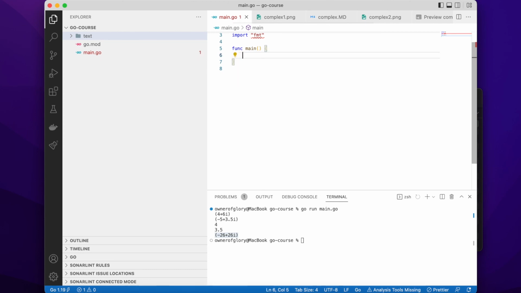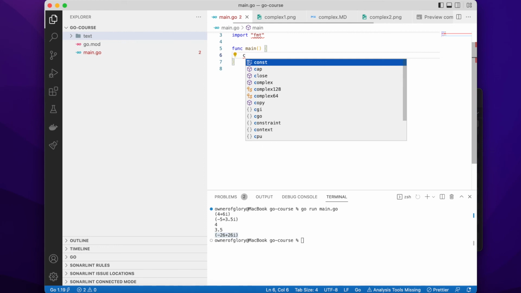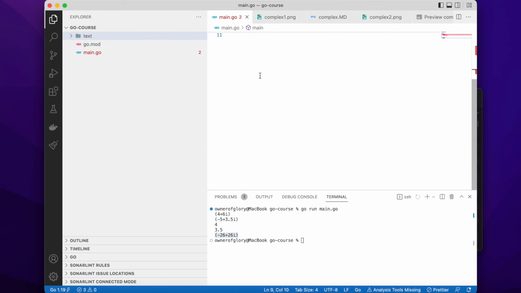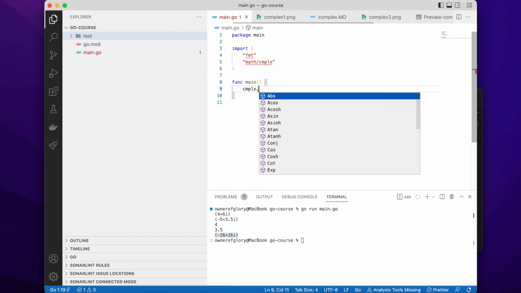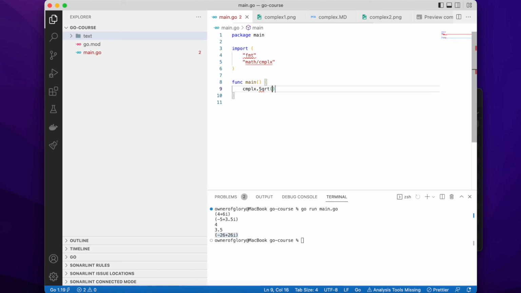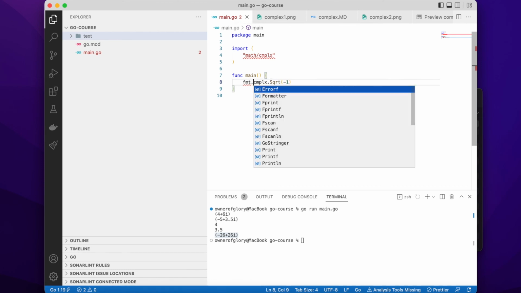Go has another package within the math package, and it's the cmplx package for working with complex numbers. I'll import it. It belongs to the math package, and this package has its own square root function. Let's say I would like to calculate this value and print it out straight away.